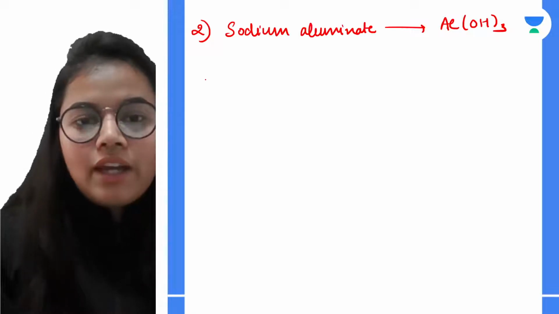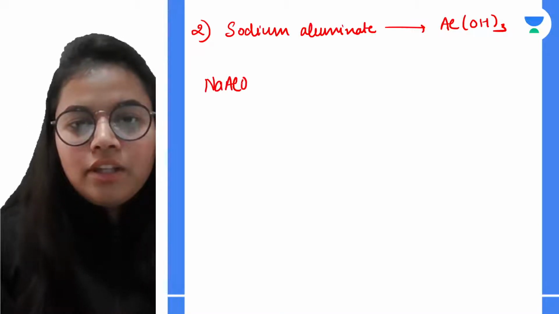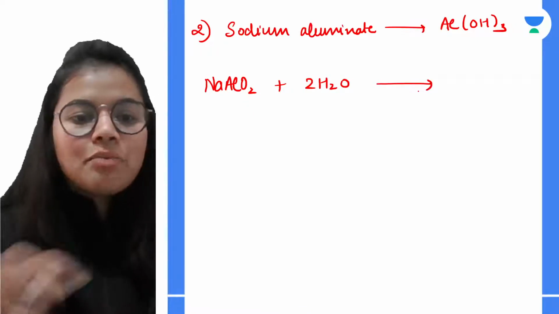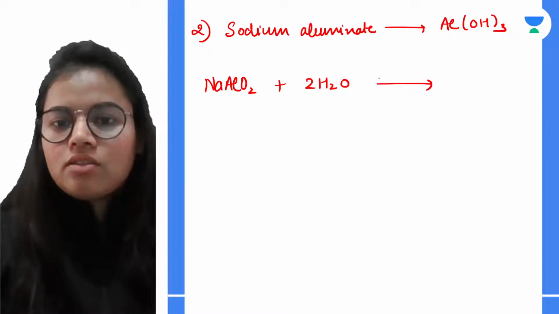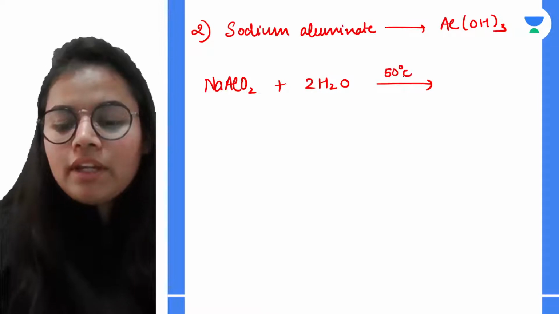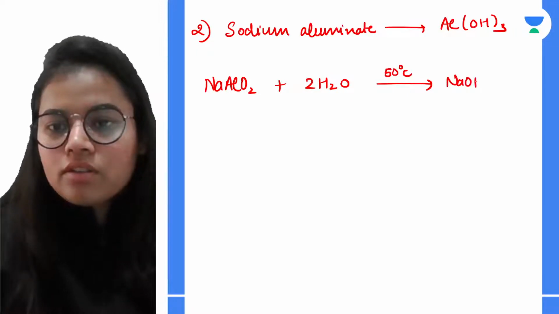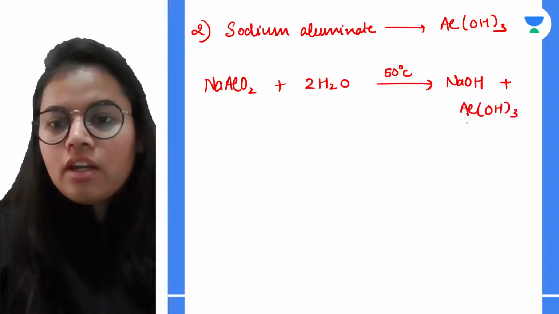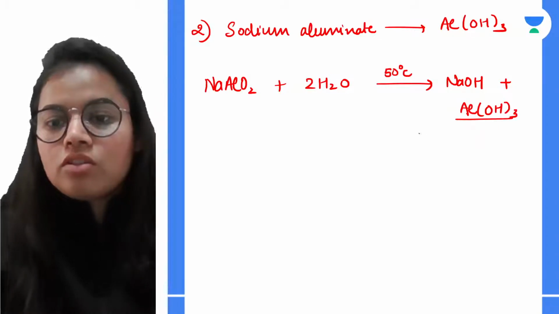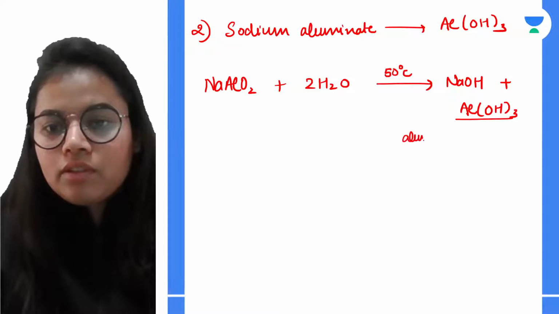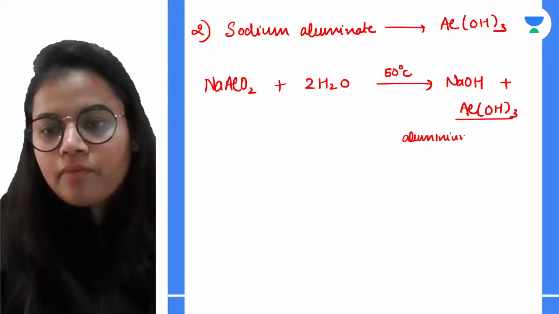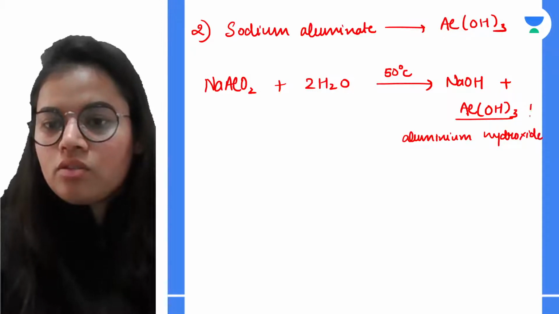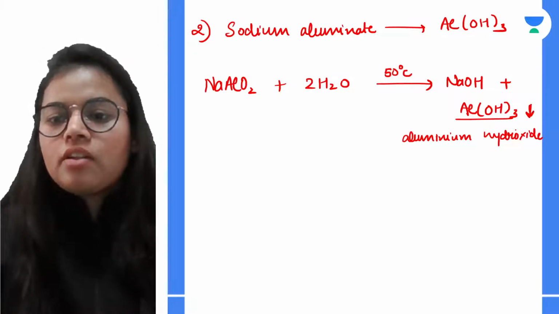We have taken this sodium meta-aluminate, we are taking water and the temperature is maintained at 50 degrees Celsius. So now what will we be getting? We will be getting sodium hydroxide plus aluminium hydroxide. Now this is our main product, so just write the name. And you can give the symbol to denote that it is a precipitate.